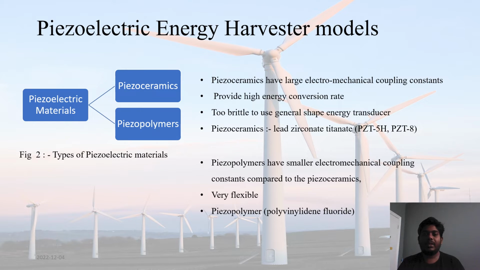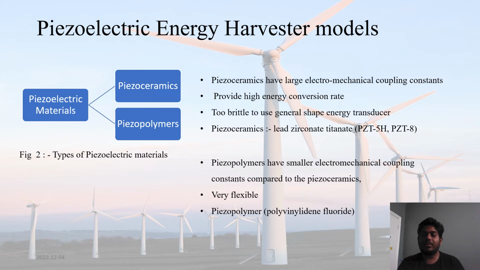The piezoelectric materials can be classified into two types, the piezoceramics and the piezopolymers. The piezoceramics have a large electromechanical coupling constant, which means they produce a higher amount of energy and have a higher energy conversion rate. They are too brittle to use in general shape energy transducers.